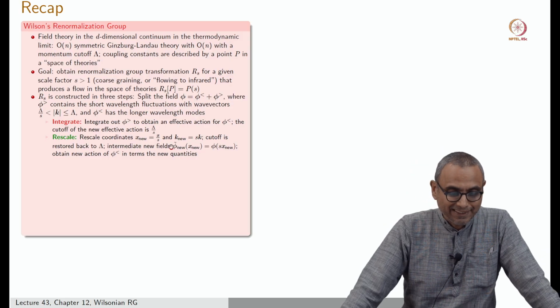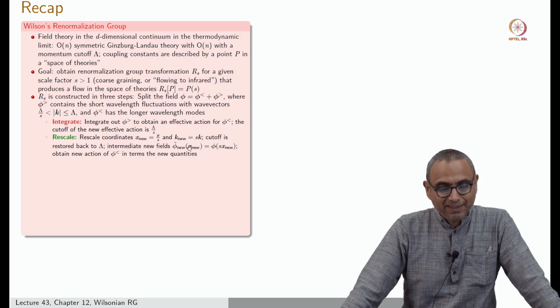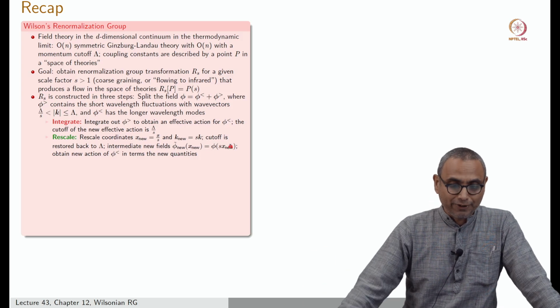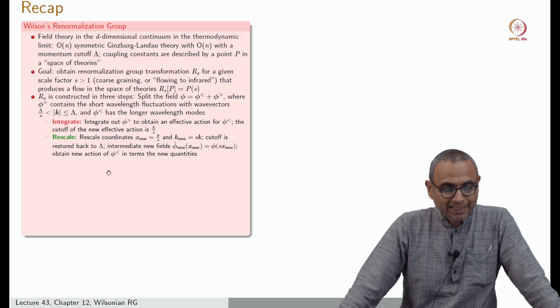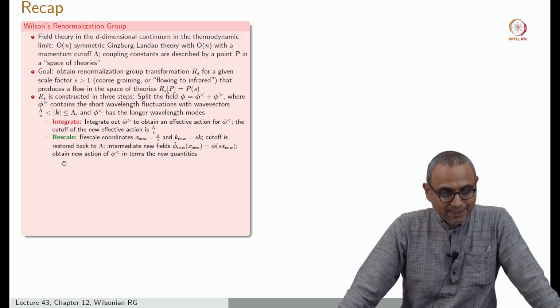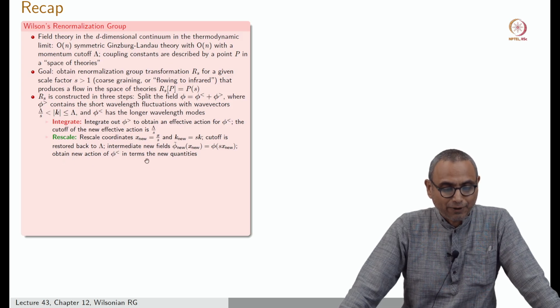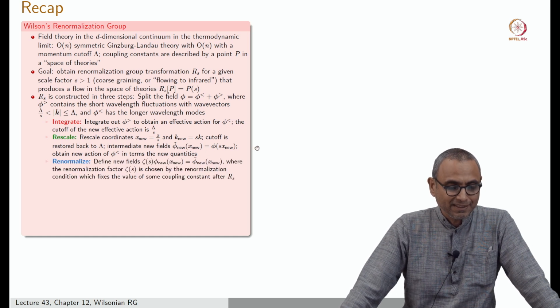So you find these intermediate new fields phi tilde, which are related to the old fields. So this should be phi less than, sorry, there is a typo here. So this should be phi less than, and this uses the new action for phi less than in terms of these new quantities. So the effective action is now written in terms of these new fields.